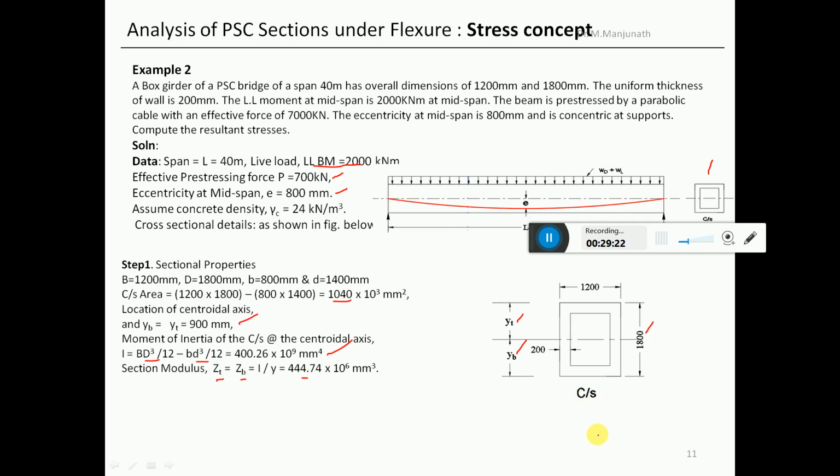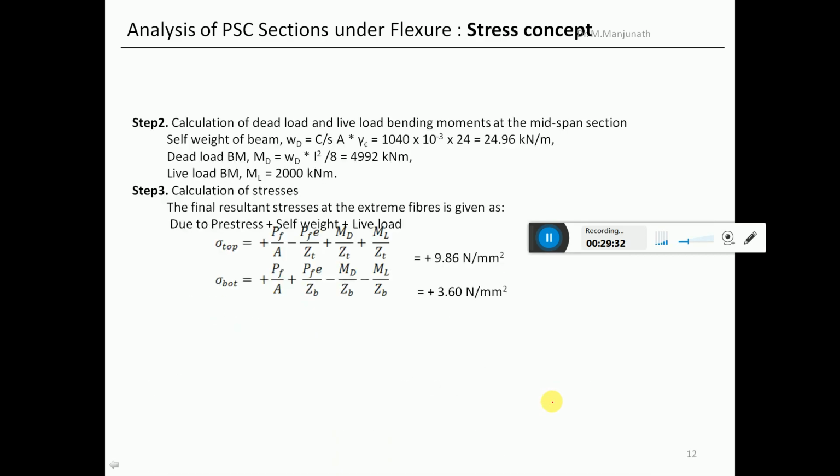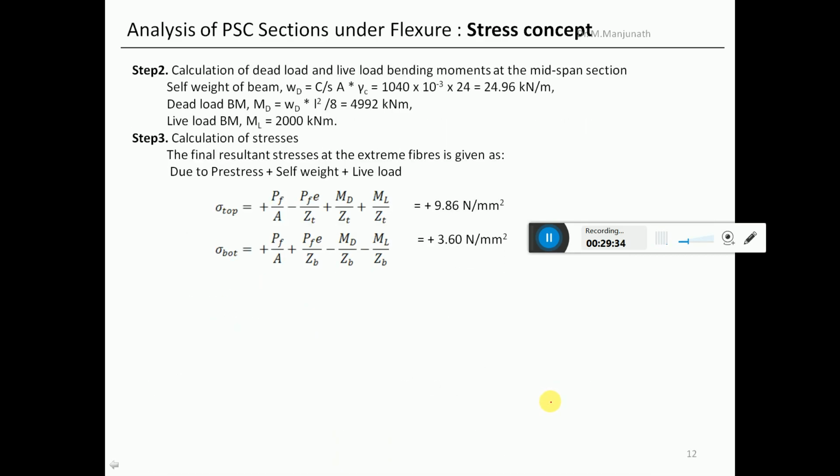So now to calculate the stresses, as per the given data we will calculate the final stresses, for which we need the self weight.